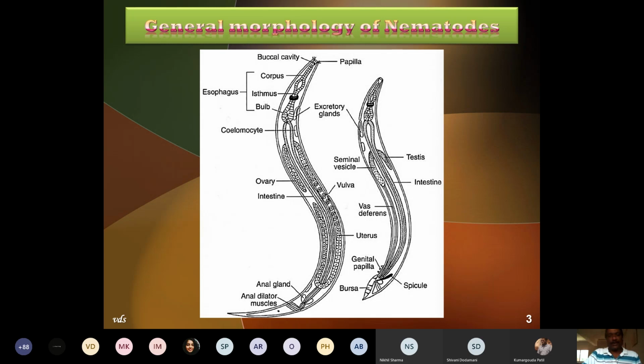So this spicule is meant for copulation of the male with the female parasite, where in the female parasite the vulva is in the anterior half of the body in the form of vagina.